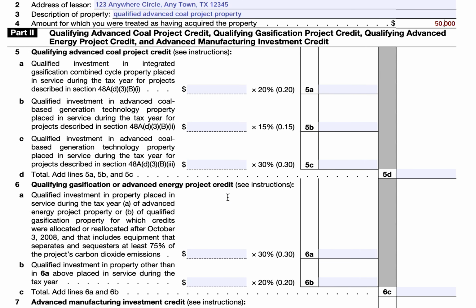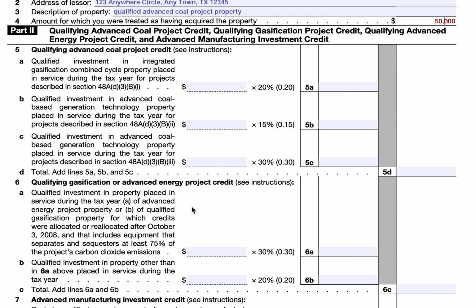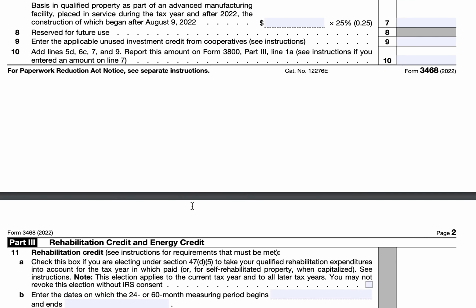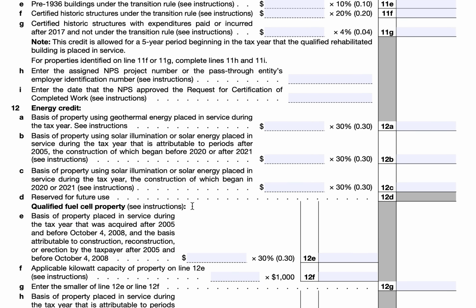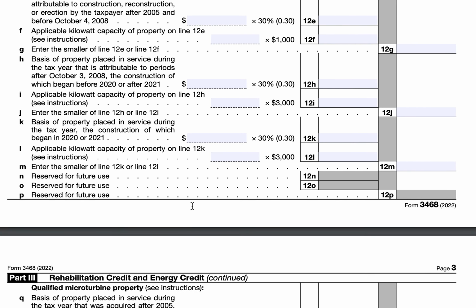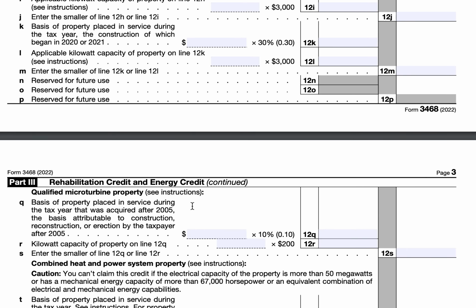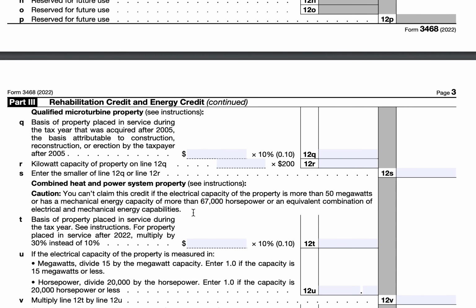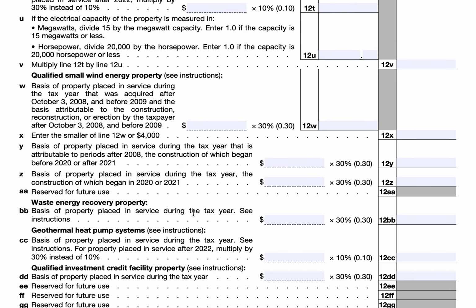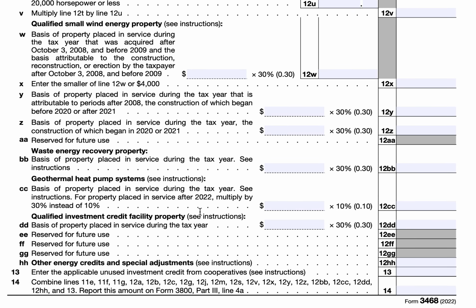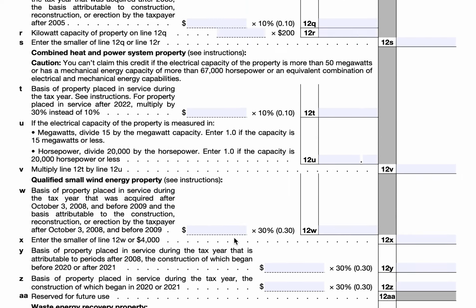Odds are very likely that you're not going to complete every single one of these lines. So there's gasification, there's the manufacturing investment credit, and then in part 3 we have the rehabilitation and the energy credits that we'll calculate. There's also qualified fuel cell property, qualified microturbine property, combined heat and power system, qualified small wind, waste energy recovery, geothermal heat pump, qualified investment credit facility property, and then other energy credits and special adjustments.